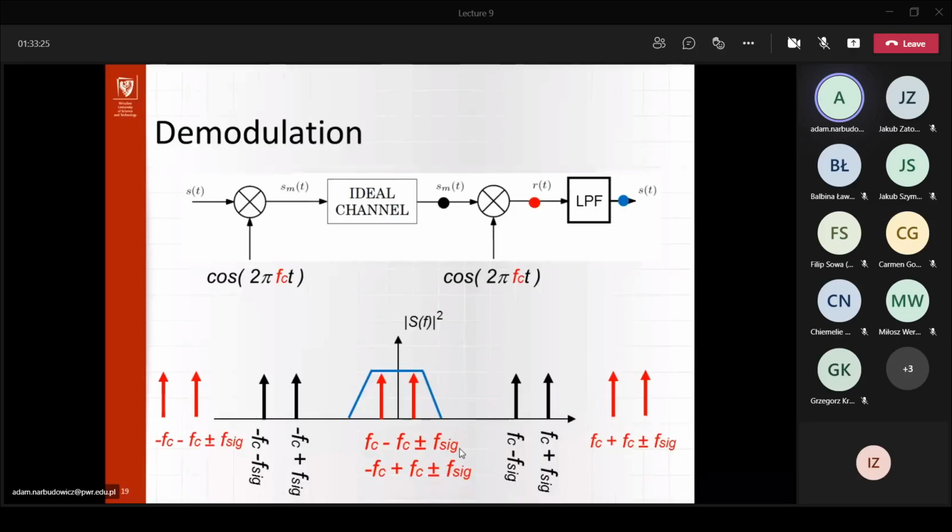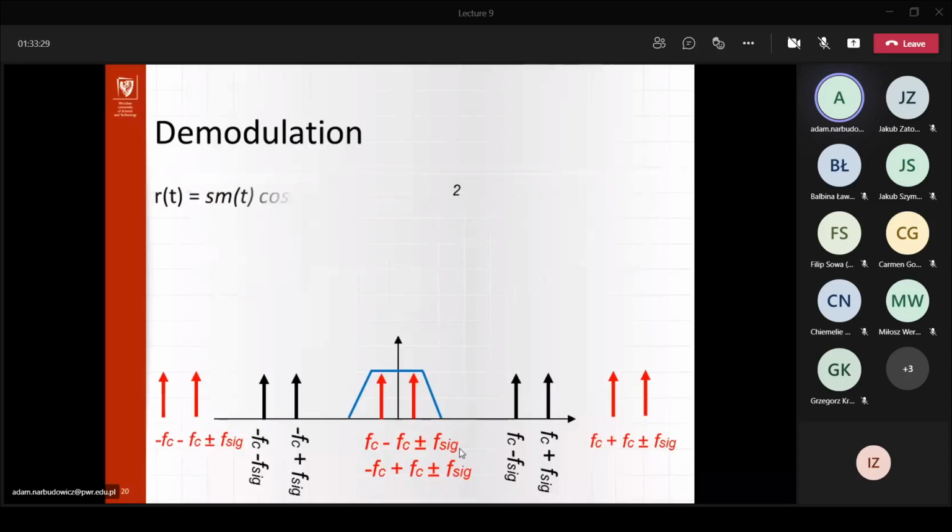Okay, so just to see how it looks formally with the math. Again, we have our modulated signal SMT that arrives at the receiver. We multiply that with cosine 2 pi f carrier t. At the end, of course, we end up with our original signal ST that we want to recover times cosine squared 2 pi FCT, right?